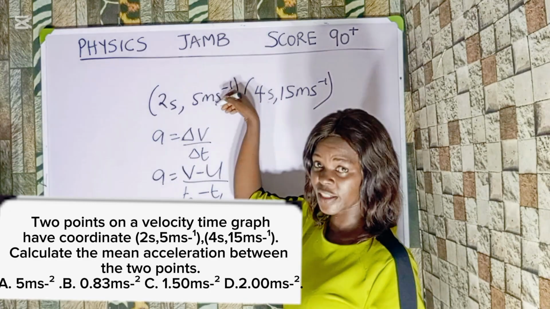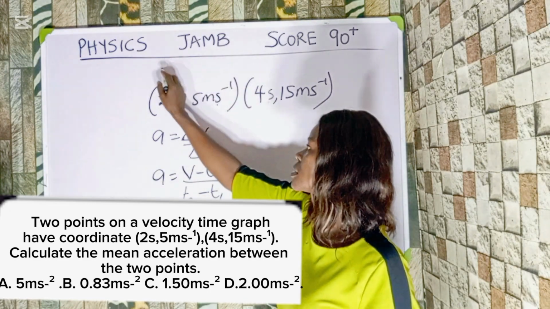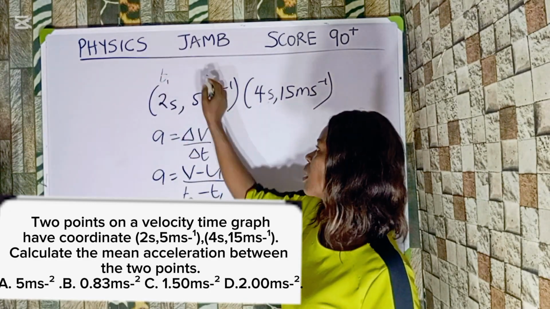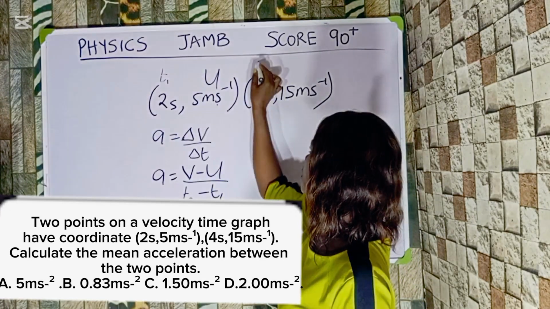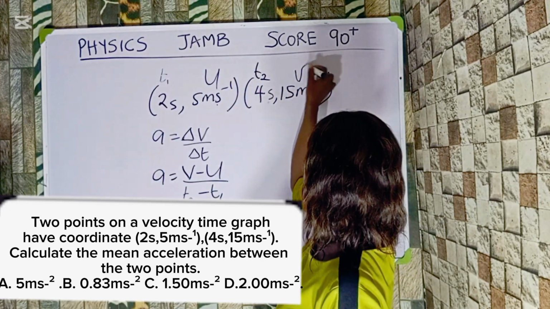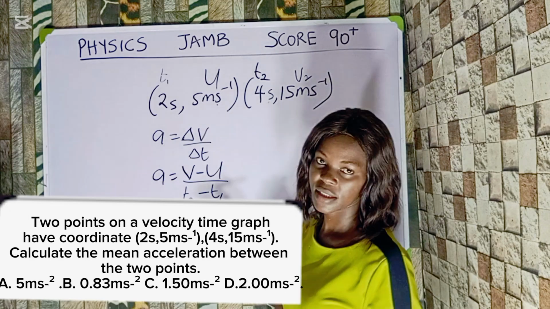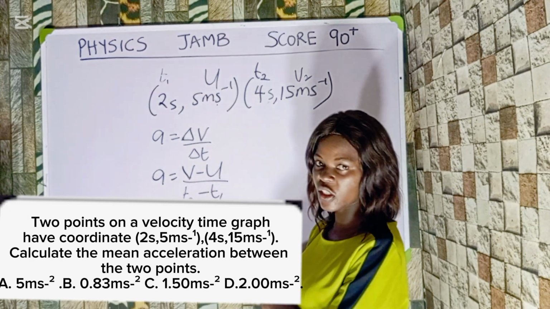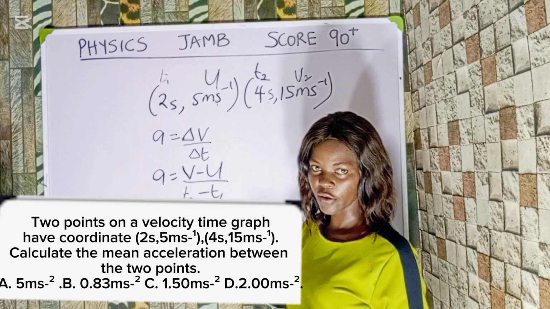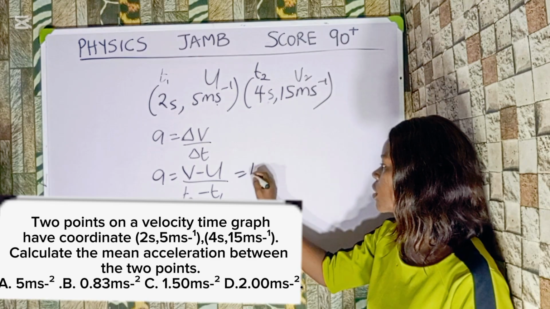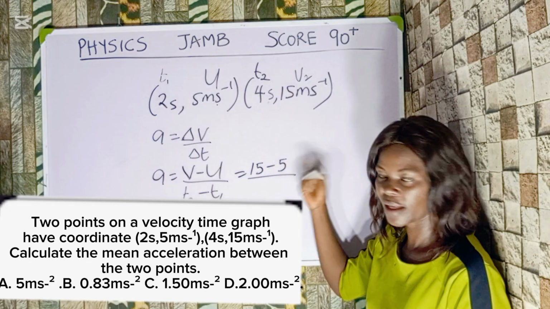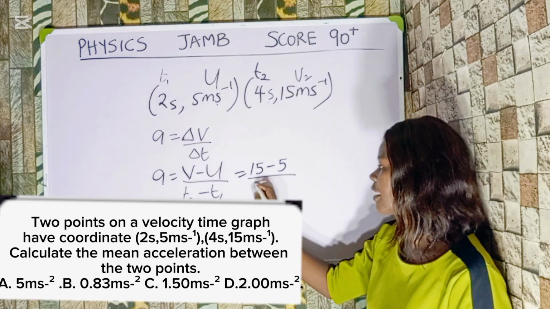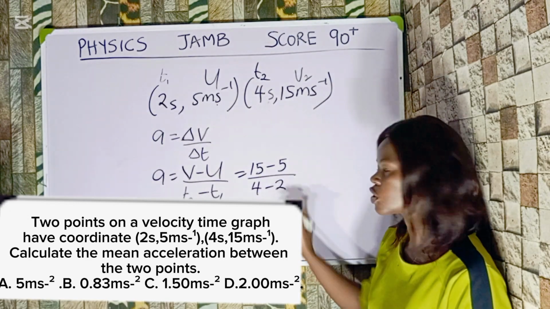So this is the first point, so this becomes my T1, while this is initial velocity. Is that clear? Now this is my T2, while this is final velocity. Is that okay? So let's just substitute it to get our acceleration. So my change in V is equals to 15 minus 5, and from what I have, my time is 4 minus 2.